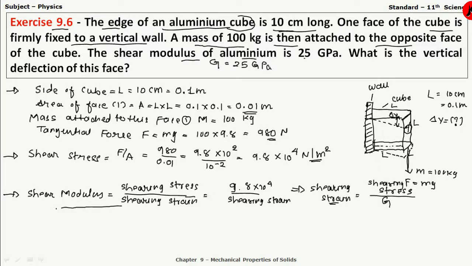And here we can see this delta y is nothing but the shearing strain. Suppose this angle is theta, this vertical deflection is delta y, and the side of the cube is L, then we can also write the equation for shearing strain equal to delta y by L, meaning the change in dimension, which is delta y, and the original dimension, which is the length of the cube, L, the side of the cube.